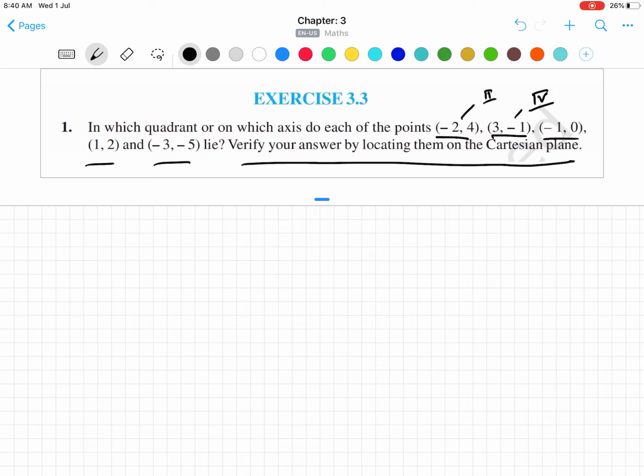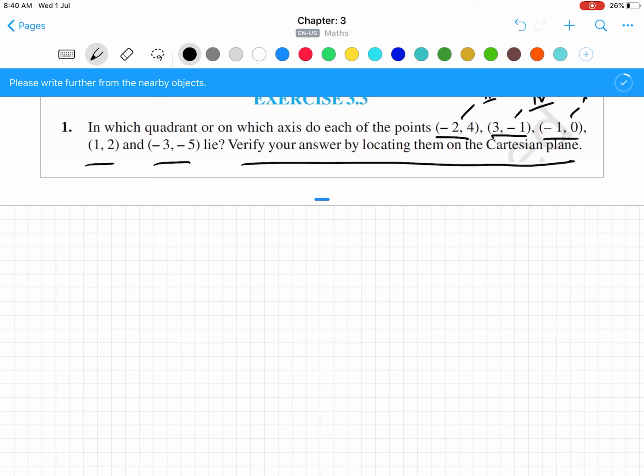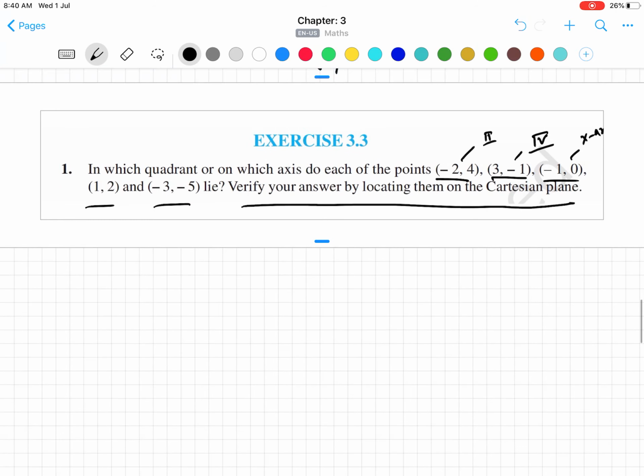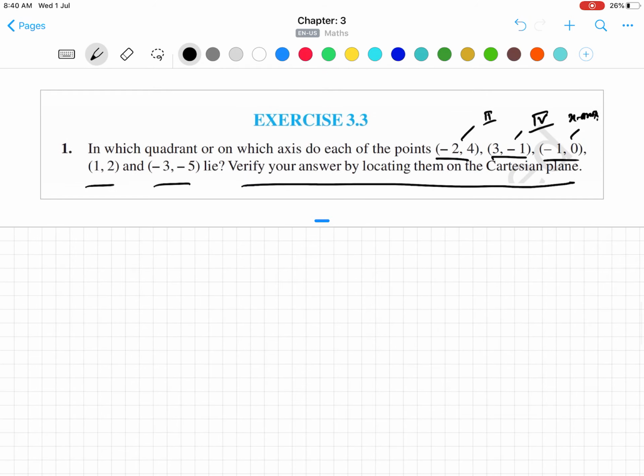Since y is 0, this point is lying on the x-axis. Then we have x = 1 and y = +2. Both are positive, so this will be in the first quadrant. Then we have (-3, -5). Since both values are negative, this will be in the third quadrant.